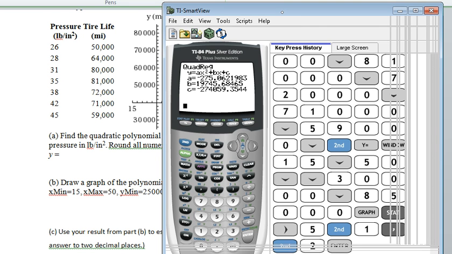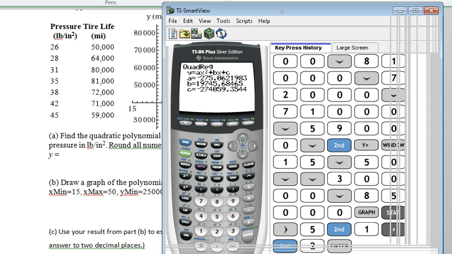And so our A is negative 275.062. Our B is 19,745.685. And our C is negative 274,059.354.